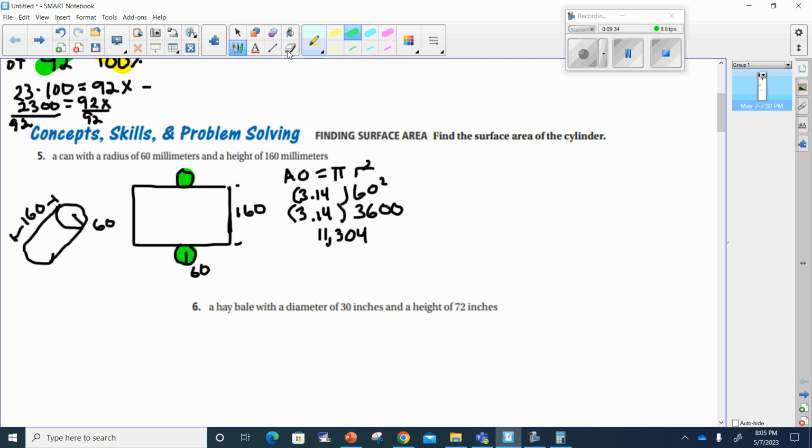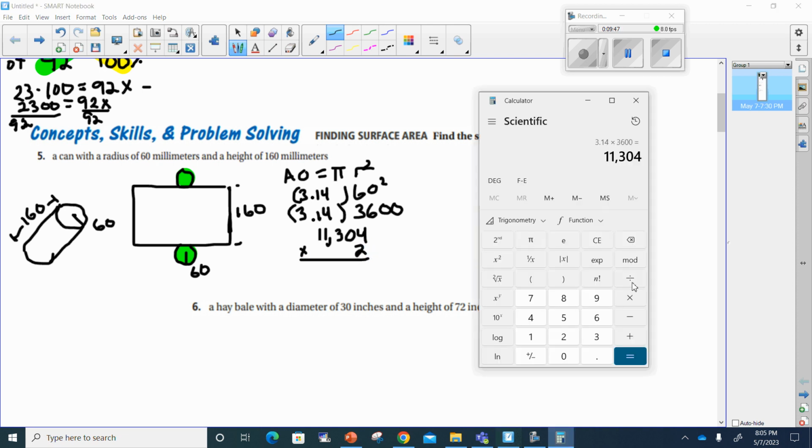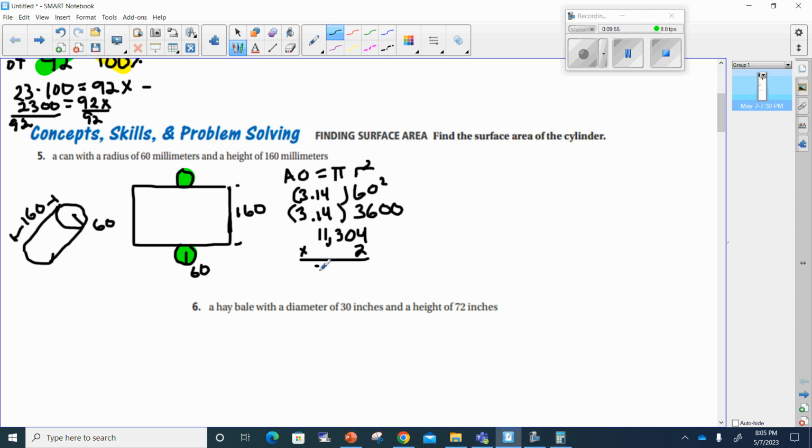So we're going to have to take our answer here, since we only solved for one circle, and multiply it by 2. That'll give us the total of all the circles. So I'm going to take this and multiply it by 2. That gives me 22,608. And remember, this is in millimeters squared, so we can put mm squared.